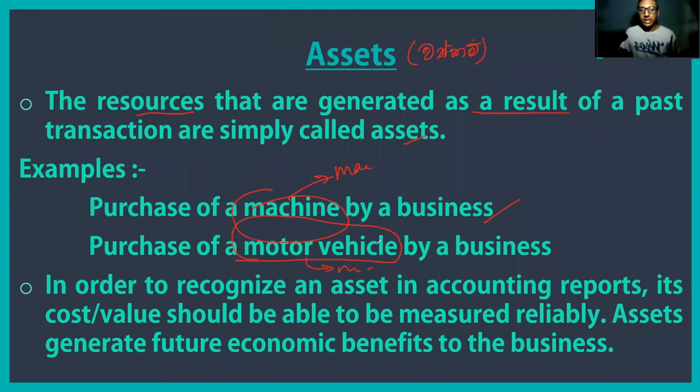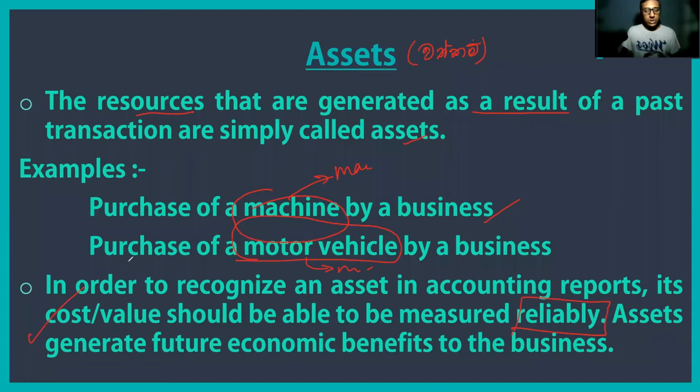So in order to recognize an asset in accounting reports, its cost value should be able to be measured reliably. Okay, assets generate future economic benefits to the business. So this will be theoretical parts. I hope you guys will read the textbook to have a brief understanding once again, right?